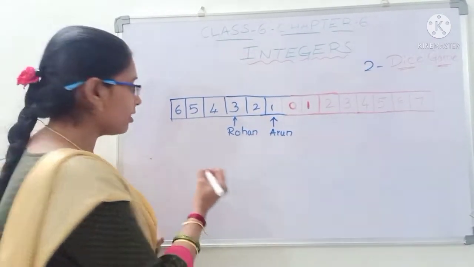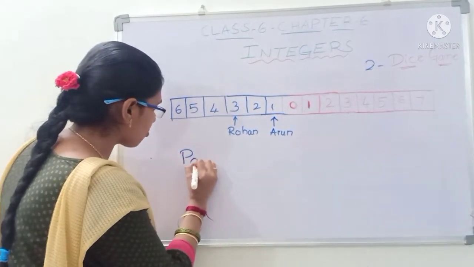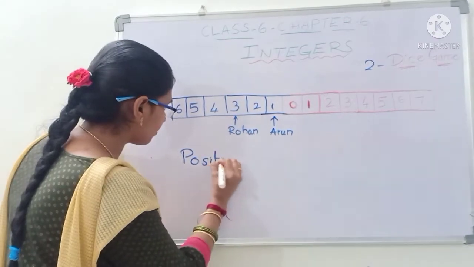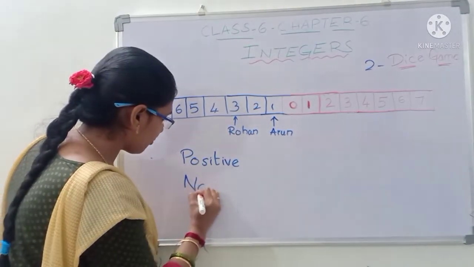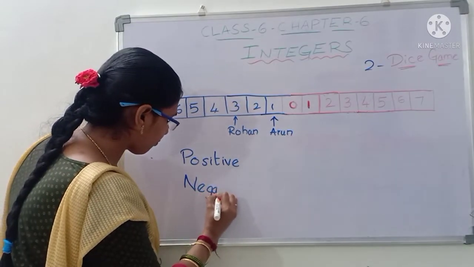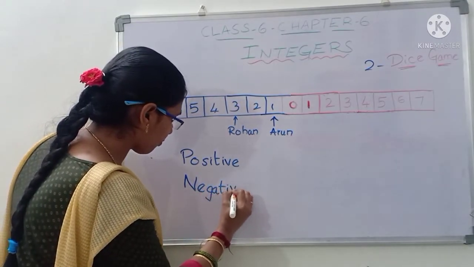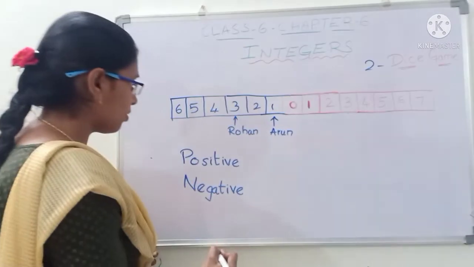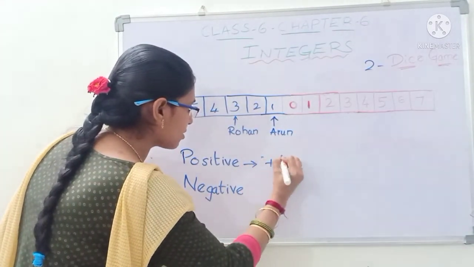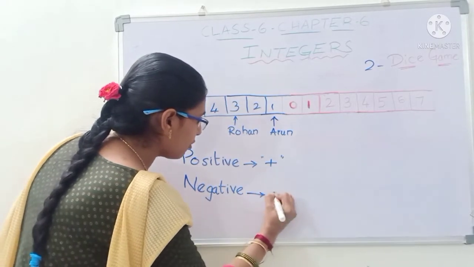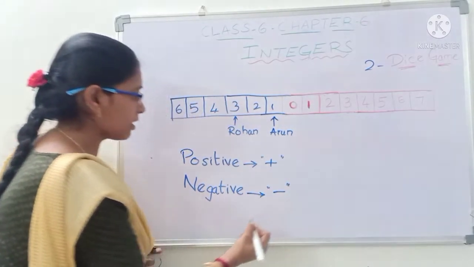So children, there are two concepts, positive and negative. The sign of positive is plus and the sign of negative is minus.